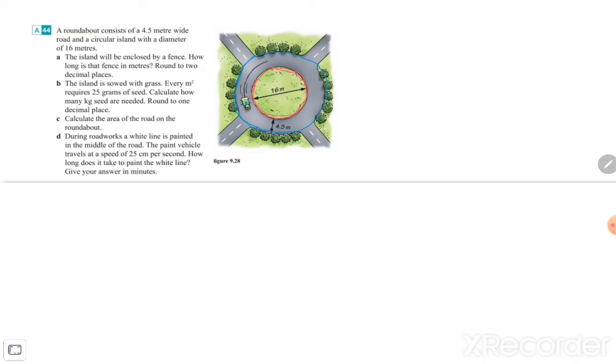So you see here the car, and maybe that's the road works. And just in the middle of my road, I do it with green, there comes a white line. So we need to know the circumference of that line, then we know what the car will travel.